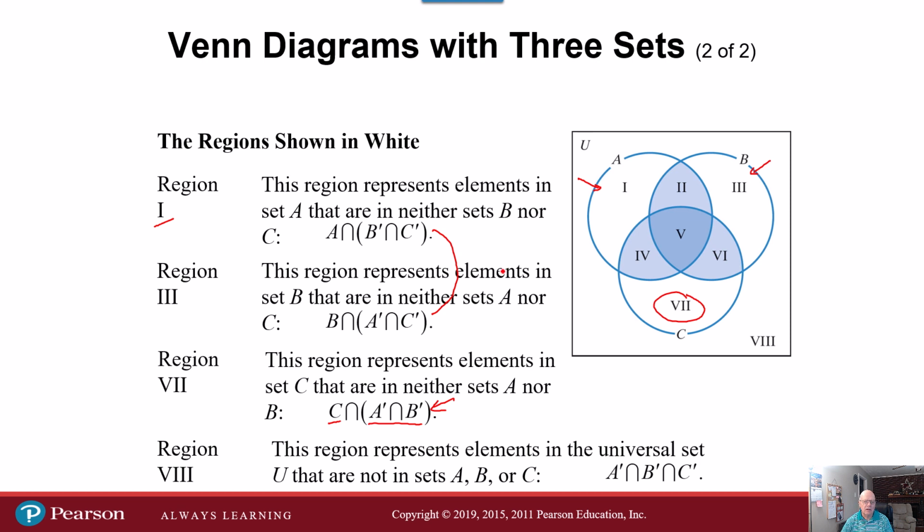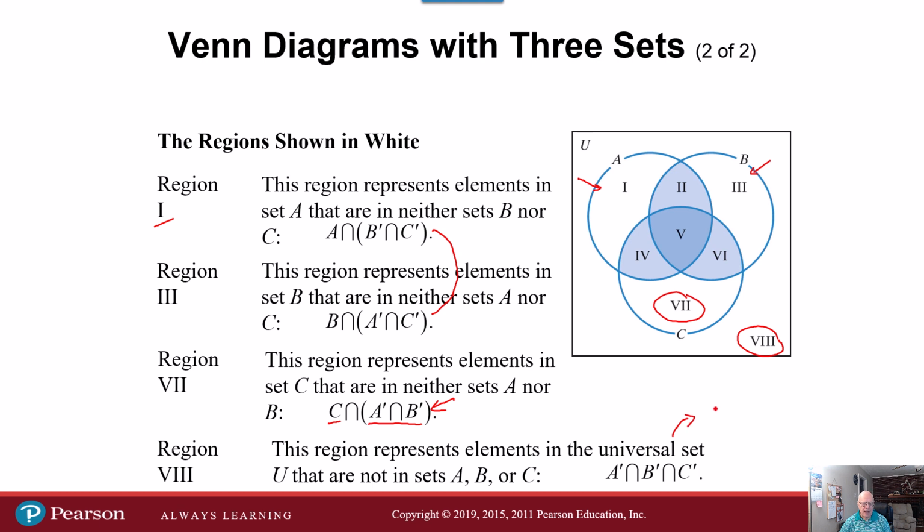And last of all, region 8. That's outside everything. So a couple ways of doing that. You can say outside of A and outside of B and outside of C. There's another way of doing this. Did you see that?